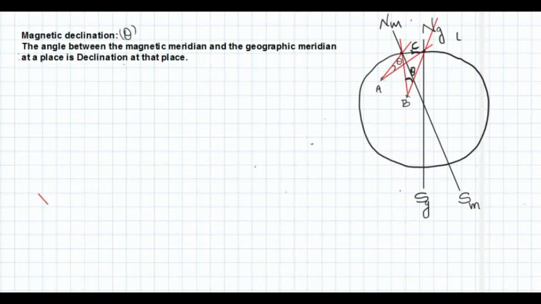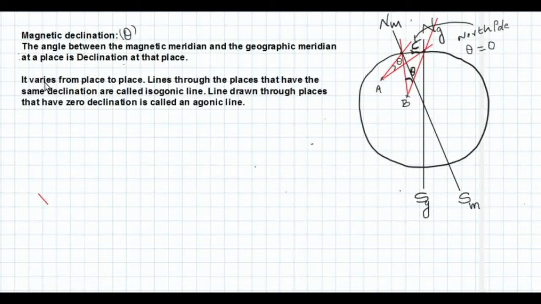Now suppose there is a point which is on, say, the geographic north. So if the point C is at the geographic north, the angle between this magnetic north and the geographic north will be 0. So in that case, this magnetic declination will be 0.